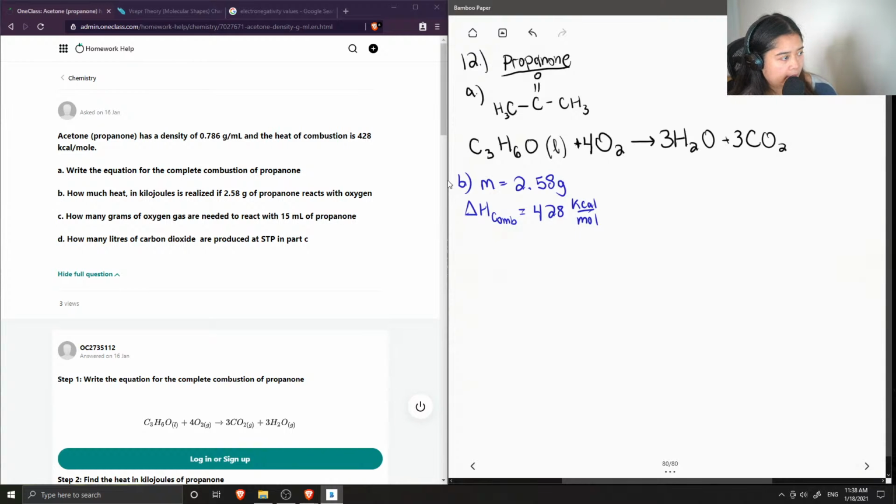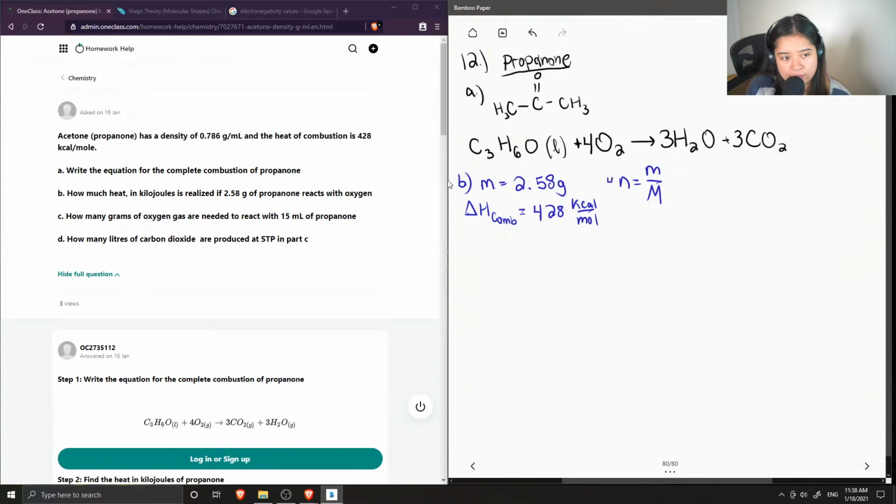So to calculate how much heat is going to be released, we need to find out the number of moles in 2.58 grams of propanone. So let's recall that to calculate the number of moles, it's going to be mass over molar mass.